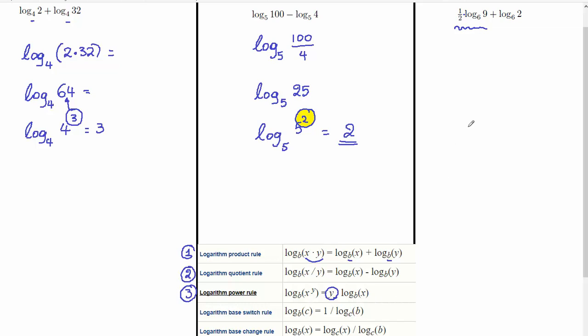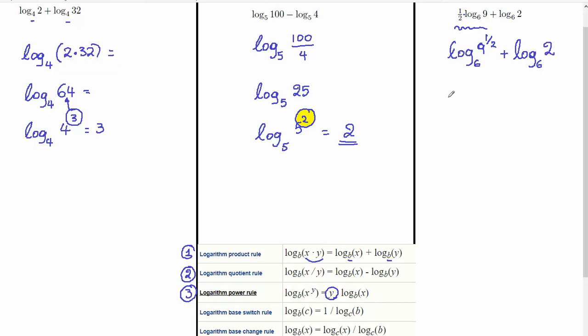So instead of having 1/2 times log with base 6 of 9, I can write down that this is nothing else than the log with base 6 of 9 to the 1/2. And this is added to the log with base 6 of 2.